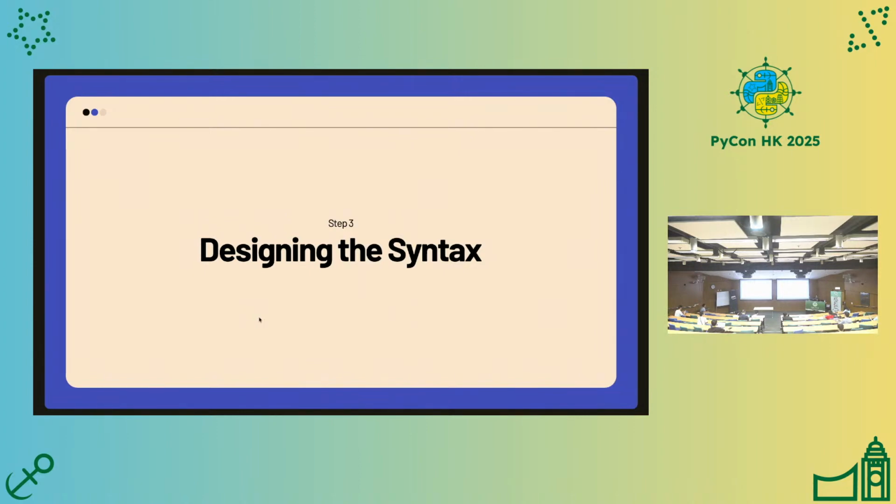Step 3 is designing a syntax, where I spent a lot of my time trying to come up with syntaxes. When we learn languages, we're trying to make a sentence, so that's what I'm going with.